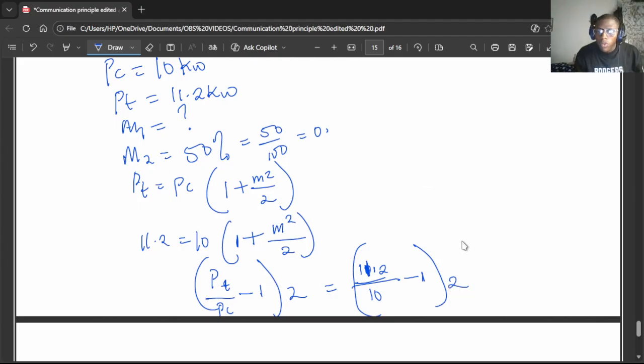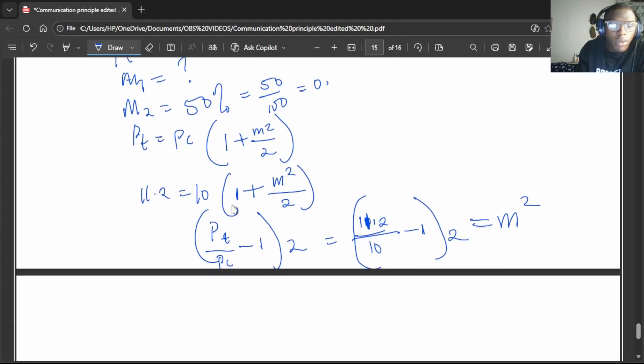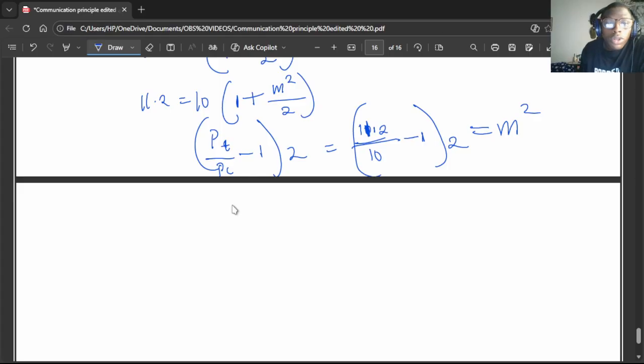Now remember, what we are doing here is looking for M square. That's what we are looking for. So what do you think your M square will now be? Now, punching your calculator, I think you arrive at 0.24. So your M square here will simply be what?